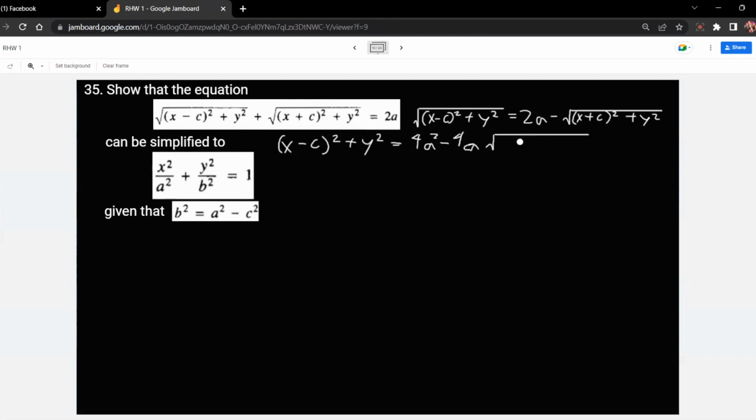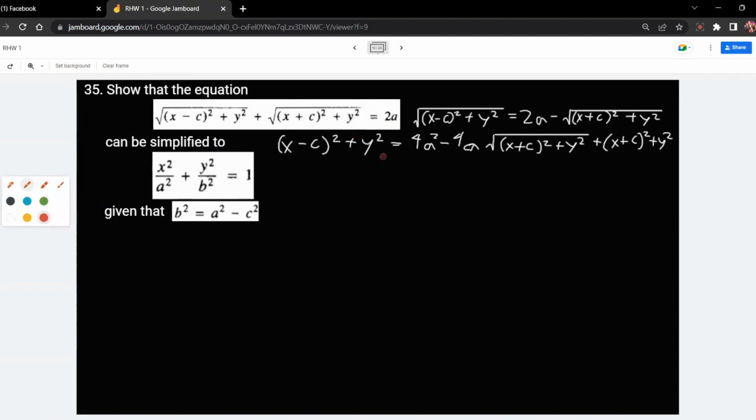May cancellations mangyayari dyan eh. So from there, nagka-cancel yung y squared. Tapos, yung (x minus c) squared times (x plus c).